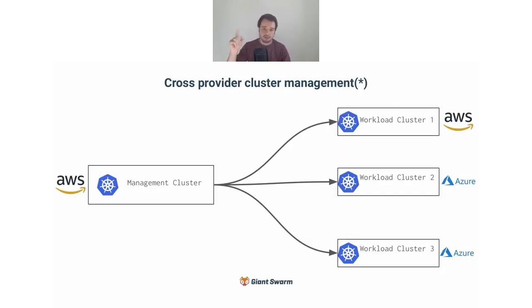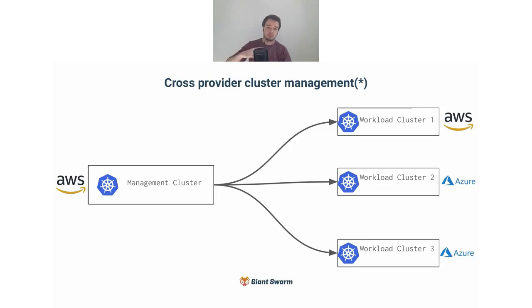How this might look like, I took a little asterisk here because I have not tried this or done this myself in depth. Everything before this, I'm very in depth. Here, I'm kind of in depth. That's the little asterisk. So you can, for example, have the infrastructure component running multiple times in your management cluster, and therefore from one management cluster spawn different workload clusters in different cloud providers.